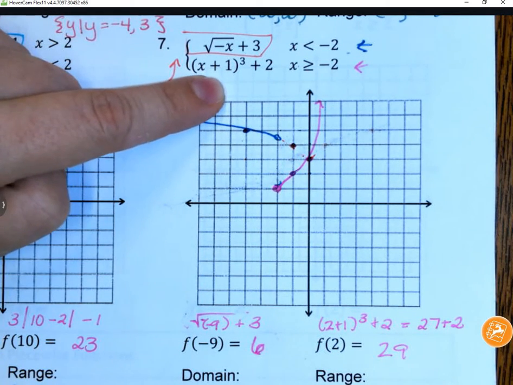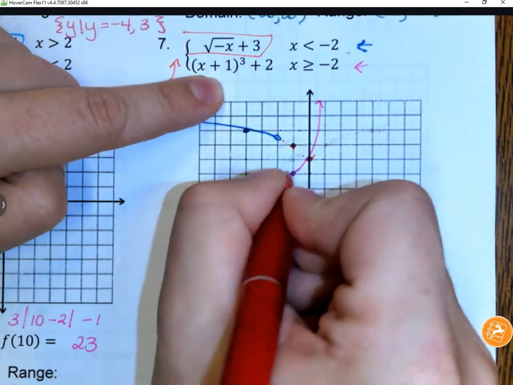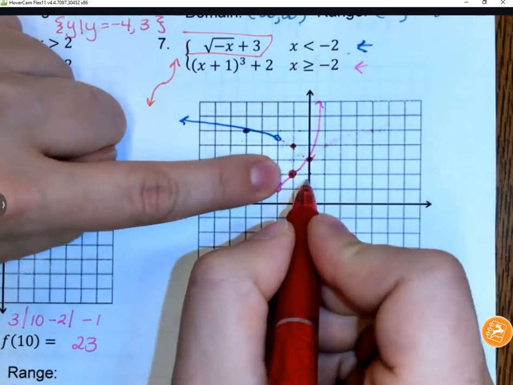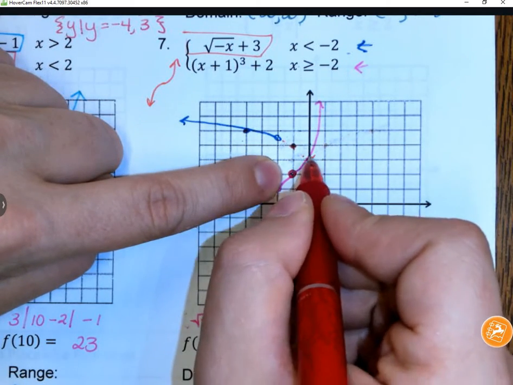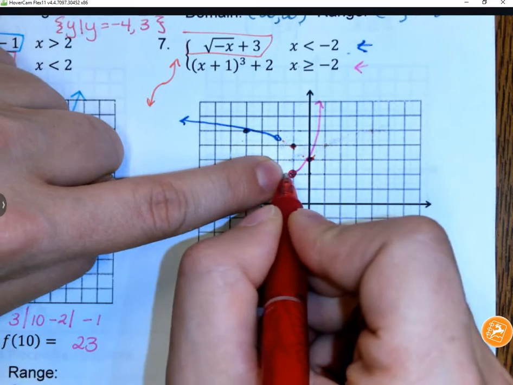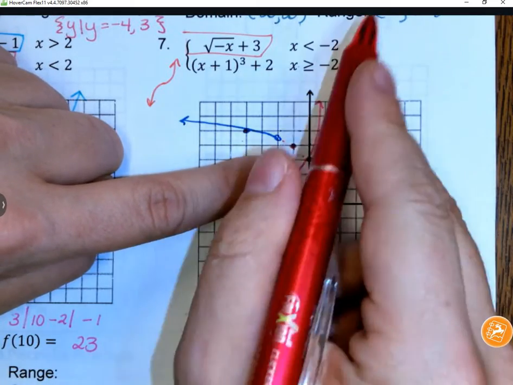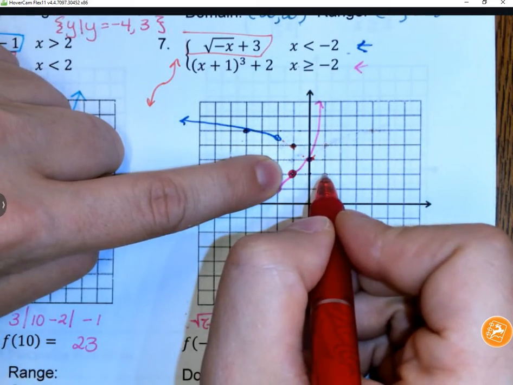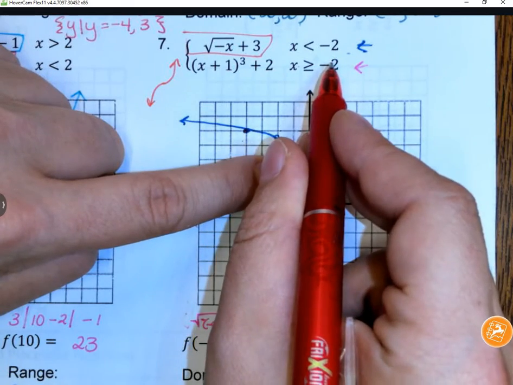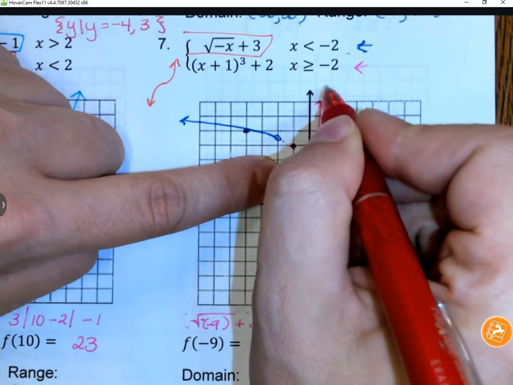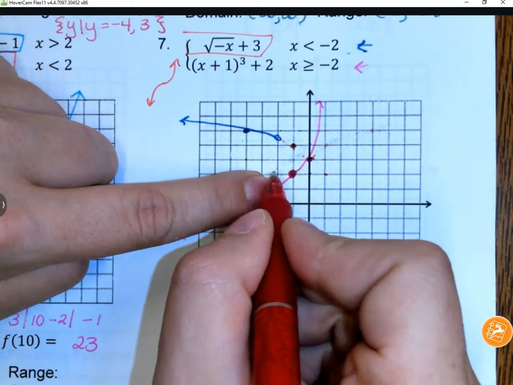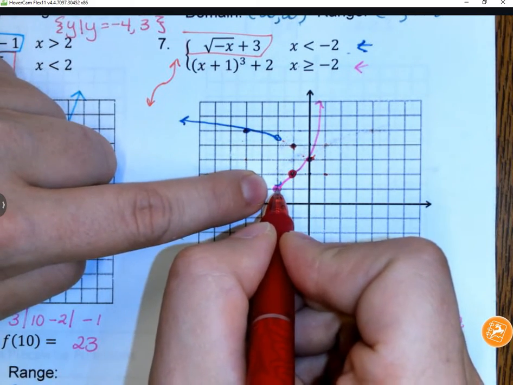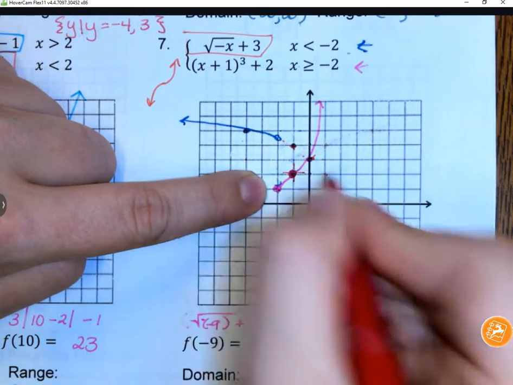What I did for this one, I moved it left 1 and up 2. So that's my starting point for a cube function. Then I said 1 cubed is 1. 2 cubed, and again, it's reaching up, so it's going to go up. 2 cubed is actually 8, so I'm off the graph. So I'm not going to cross that line quite yet. Okay, and then I did -1 cubed is -1. So I've moved my axis to right here.